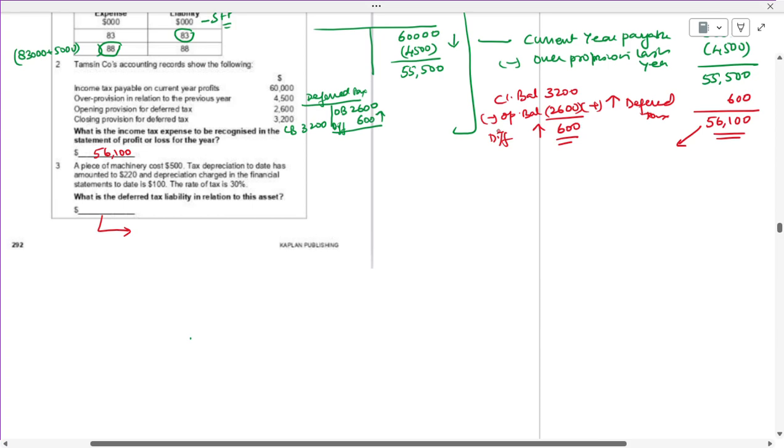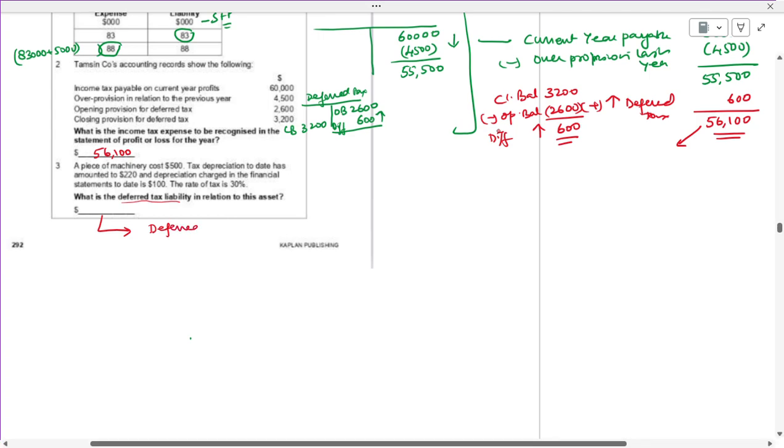For a piece of machinery costing 500, the tax depreciation to date amounted to 220. The depreciation charge in the financial statements is 100. The tax rate is 30%. What is the deferred tax liability?